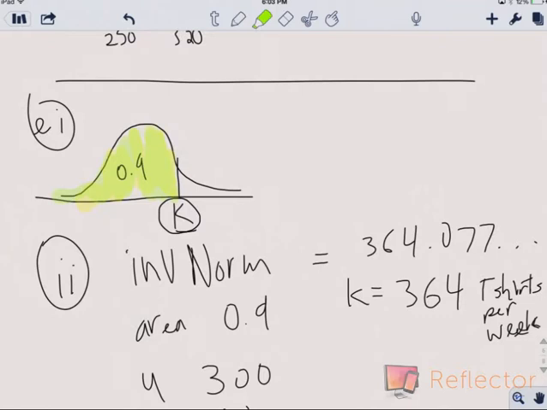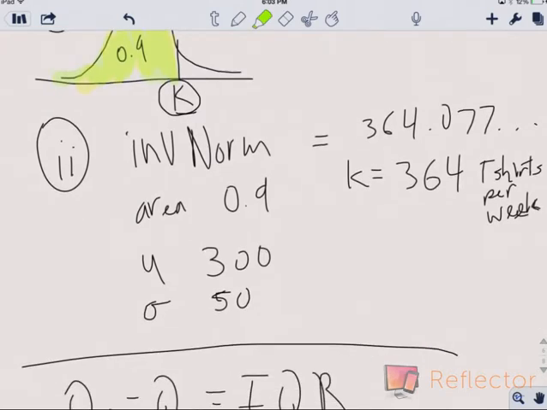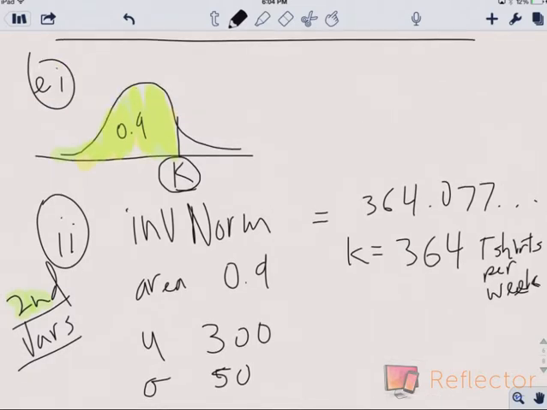The next question is asking us to find K. We're going to use the inverse normal function, which is again in second bars, and then you get the inverse norm, and then you're asked for the area, and here the area is 0.9.